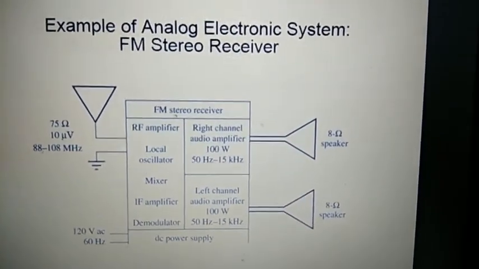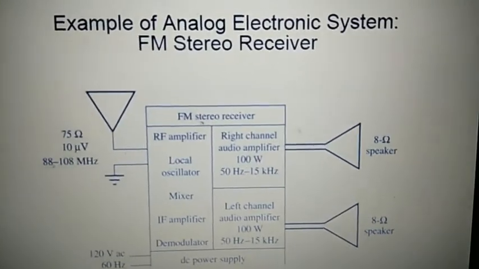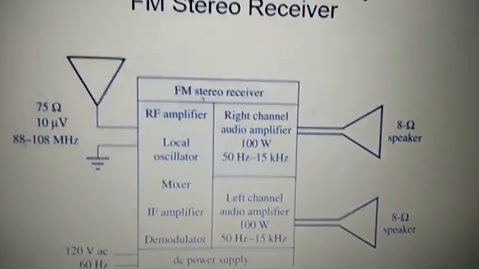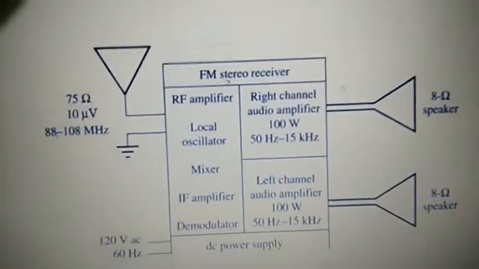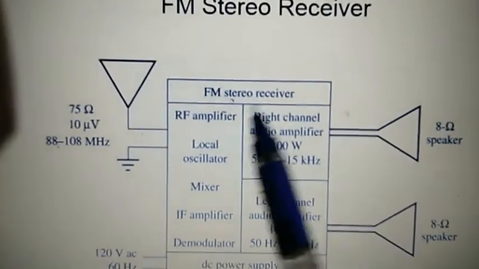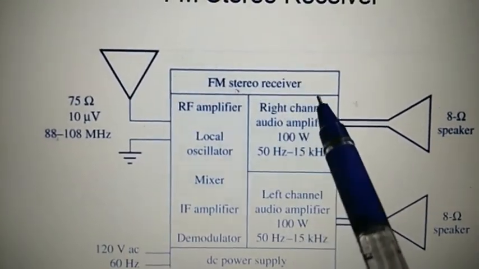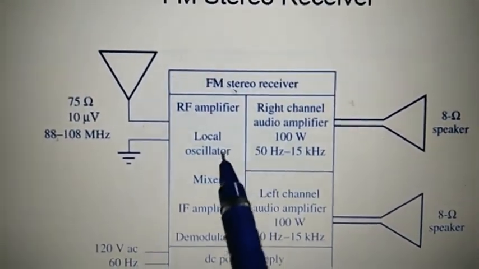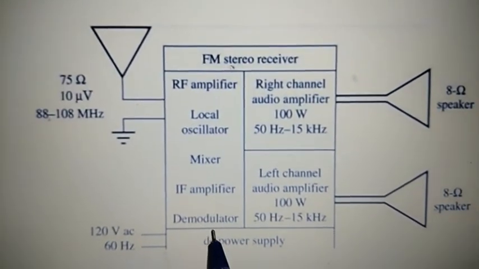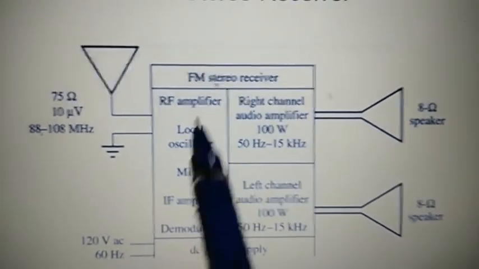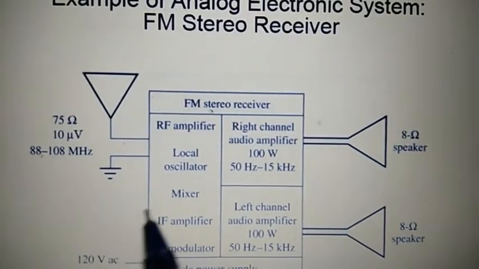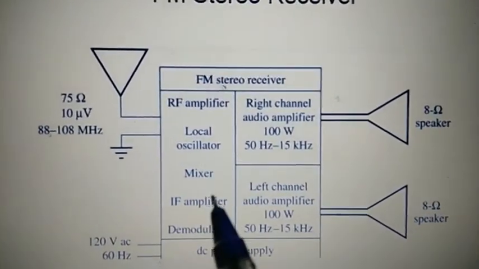Here is an example of an analog electronic system, particularly an FM stereo receiver, where these amplifiers are used. As we have just seen, you can see here the FM stereo receiver: RF amplifier, local oscillator, mixer, IF amplifier and demodulator. These circuits are used, and in all of them we use the types of amplifiers which we have seen.